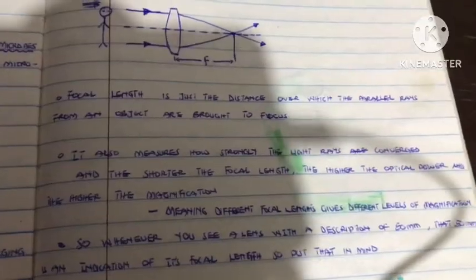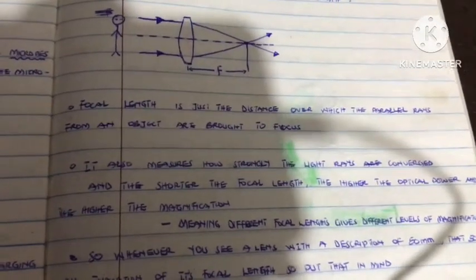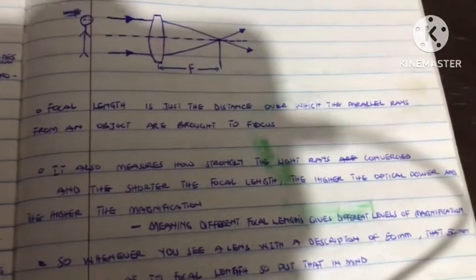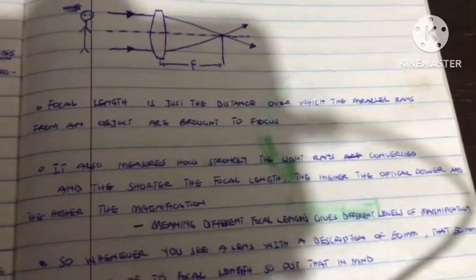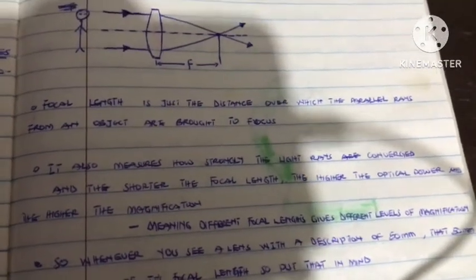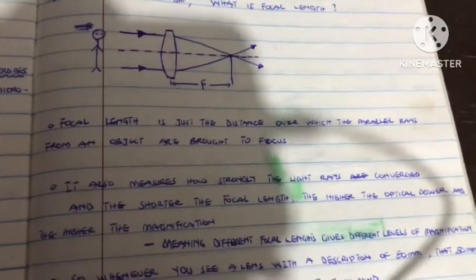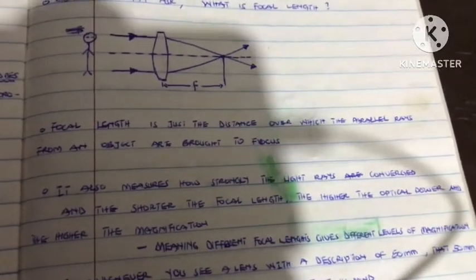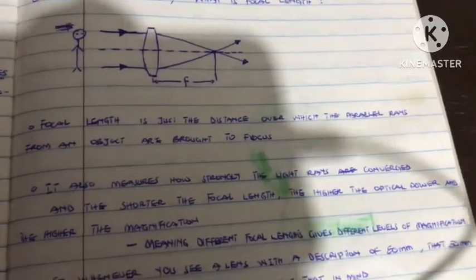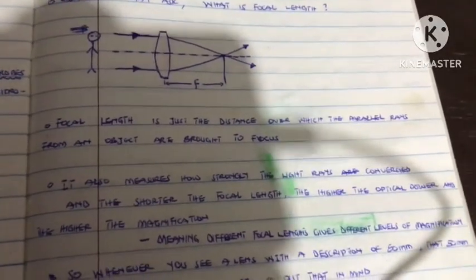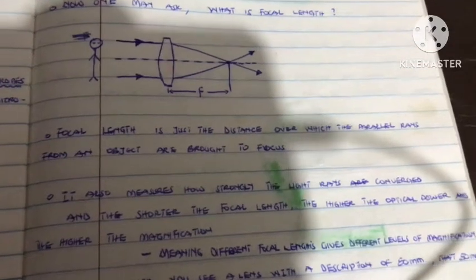In short, the focal length measures how strongly the light rays converge. If the focal length is short, the light rays were strongly converged. But if it is long, the light rays were weakly converged.